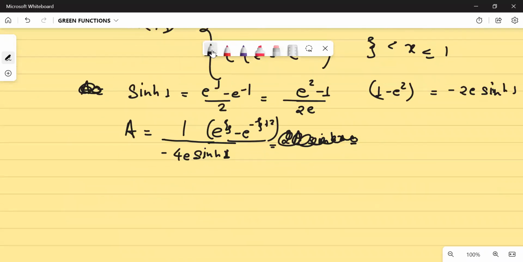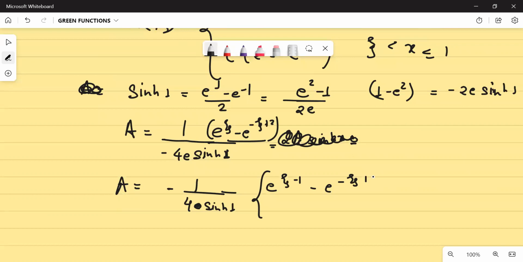Let us simplify it all the more so that A would eventually come out as minus 1 upon 4e sine hyperbolic 1. I will divide this e inside, so I'll write e to the power zeta minus 1 minus e to the power minus zeta plus 1. Is that clear?